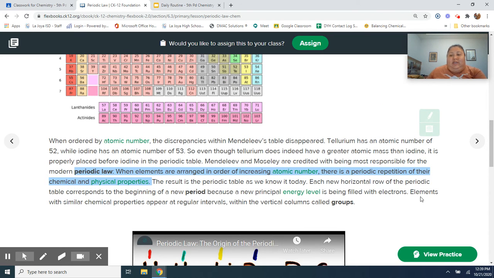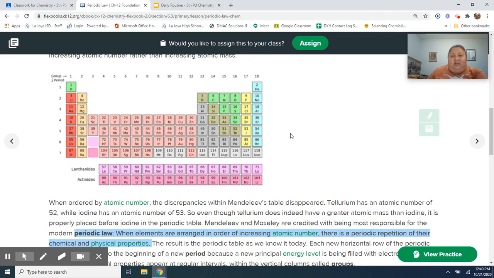Another one: elements with similar chemical properties appear at regular intervals within a group, or a vertical column. If we're talking about this red column that you see here, this is a group. How many groups are there? 18 groups. This first group is called the alkali metals. All of these, from lithium all the way to francium, react the same.